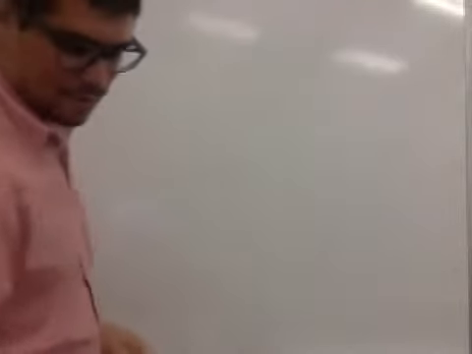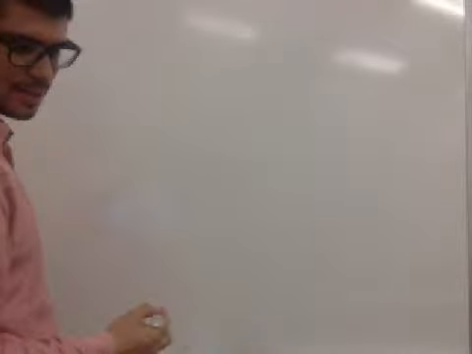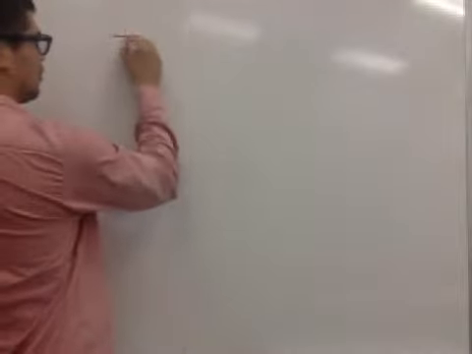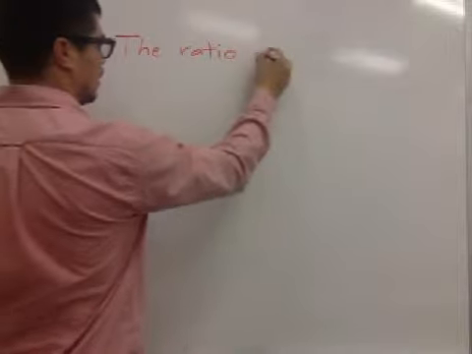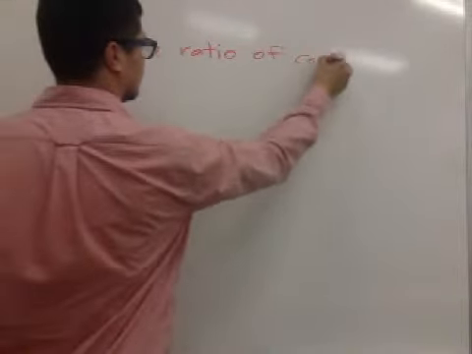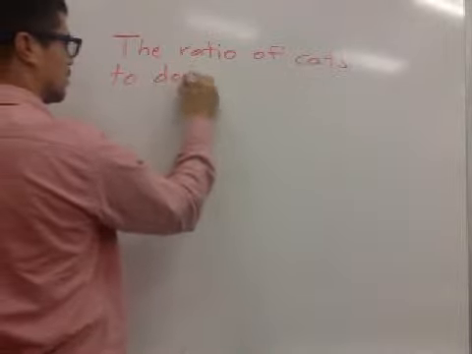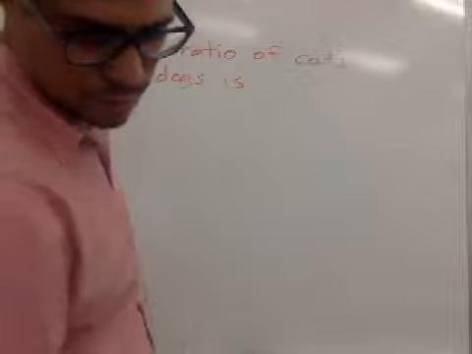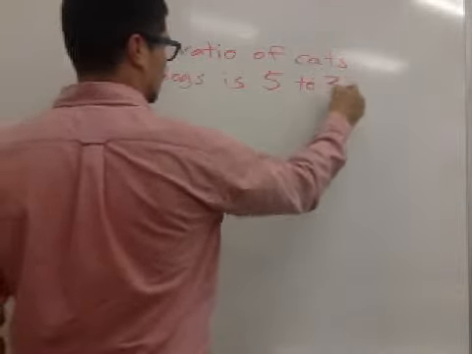All right, we have the ratio of students listening to students not listening is, we'll just say cats to dogs. So the ratio of cats to dogs is 5 to 3.